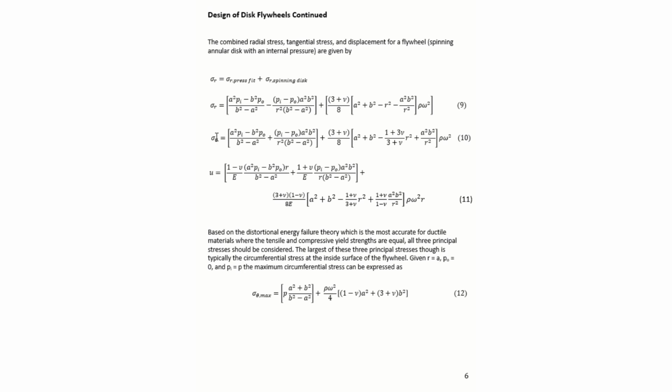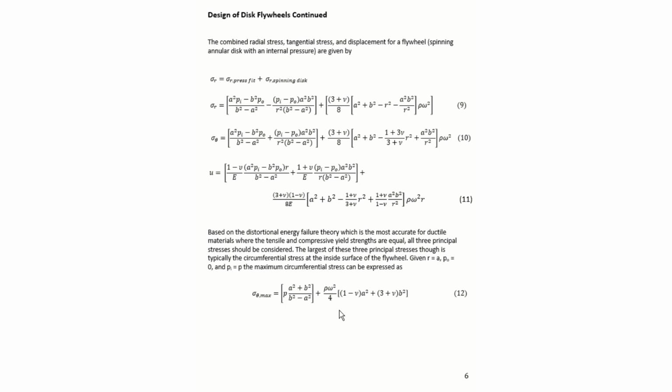And so using the distortional energy failure theory, computing a sigma prime can be done by computing sigma r and sigma theta. When doing that, we can rearrange these curves and get a sigma theta max as given by this equation right here, and you can see how this is developed. It's computed at r equals a, the inside surface, with 0 internal pressure and an external pressure p.